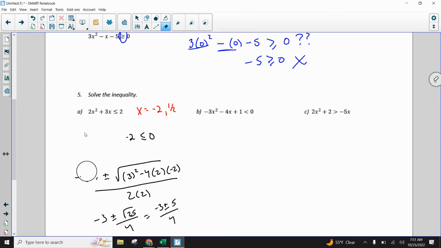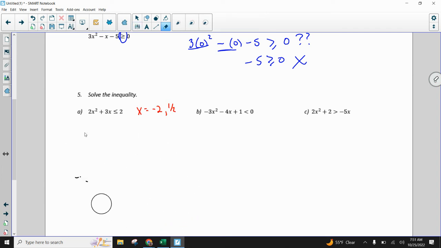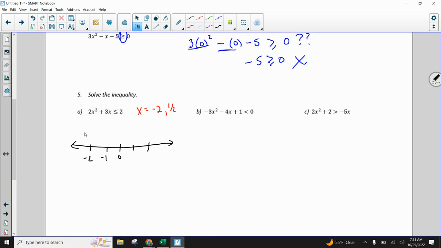So if we imagine a number line here, with negative 2, 0, 1, and 2, this is going to be a closed dot at negative 2, open dot at 1/2.